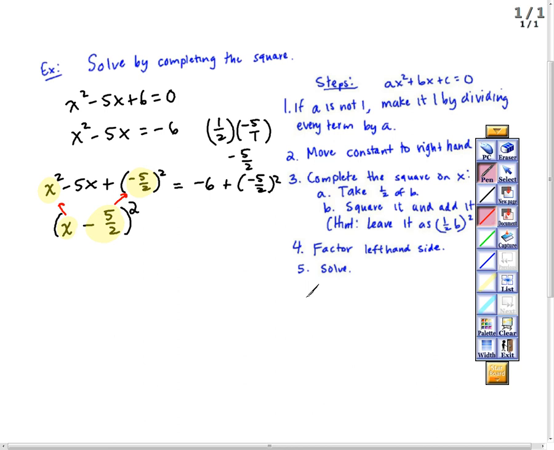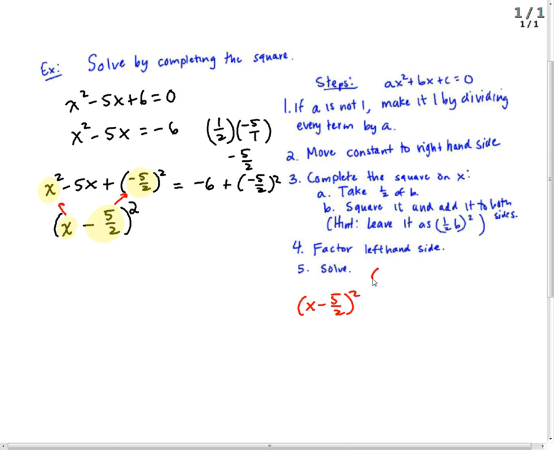Let's check it. x minus 5 halves squared. Well, if you have a minus b squared, that's a squared minus 2ab plus b squared. So this is the first term squared, which is x squared, minus 2 times x times 5 halves, plus my last term squared, 5 halves squared.